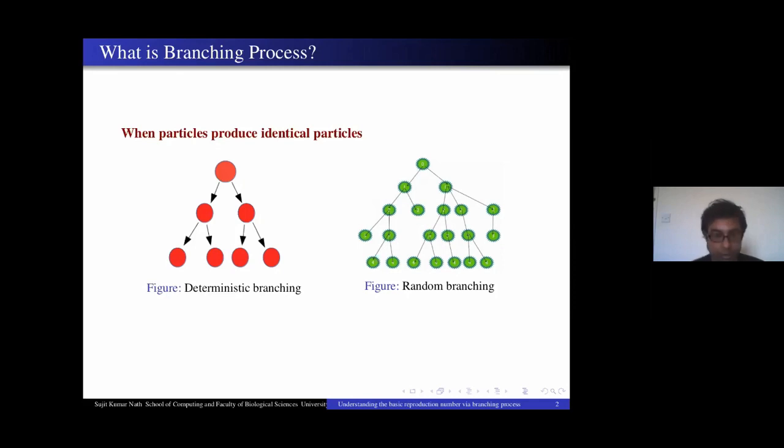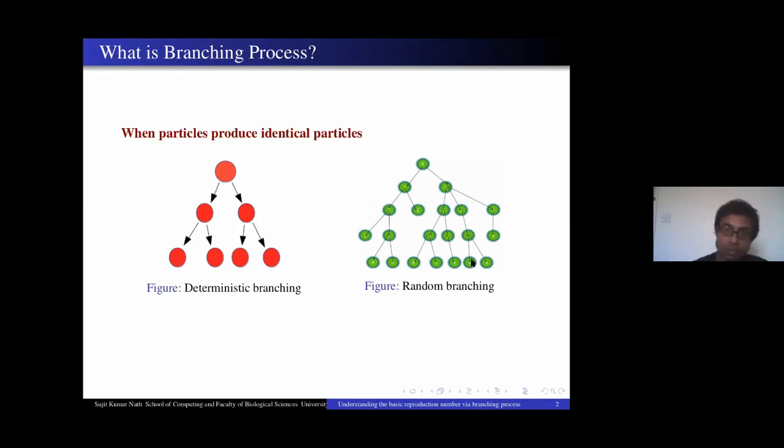Another kind of branching process, which is our main interest today, is the random branching process, where the particles divide randomly, in random numbers. The zeroth generation particle can give rise to 1, 2, 3, 4, or many particles with some probabilities, so there is randomness. This is called random branching.